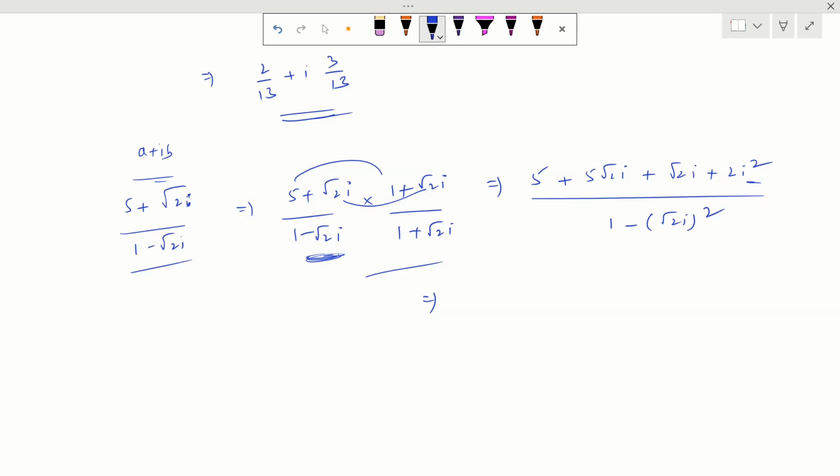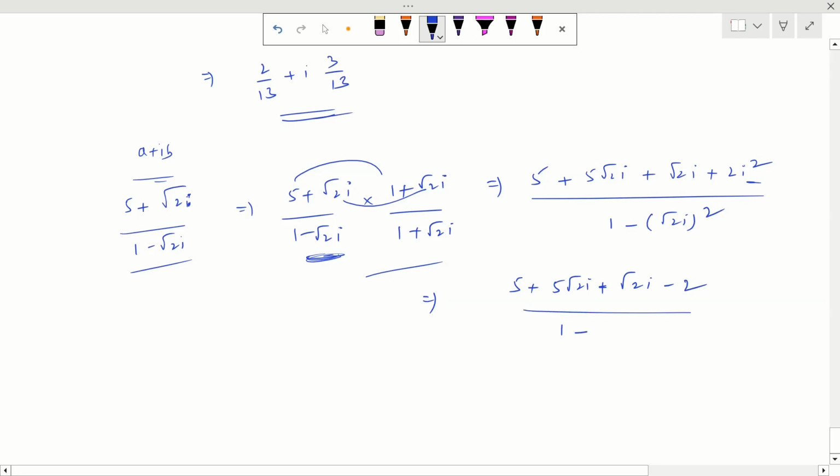Therefore I am writing 5 plus 5 root 2i, plus root 2i, and this is minus 2. And we have 1 minus, so here root 2 square is 2, i square is minus 1, so it will be 1 plus 2.